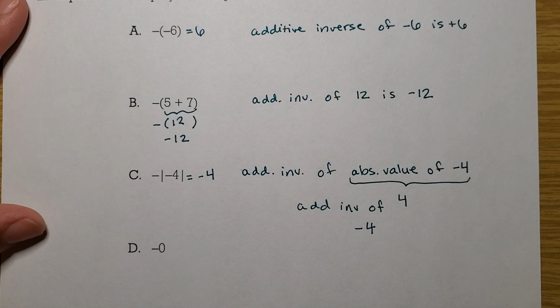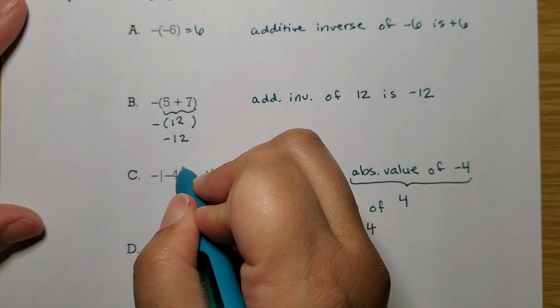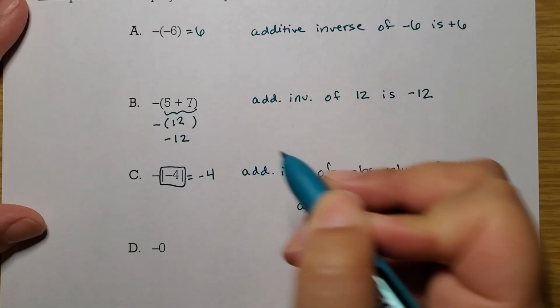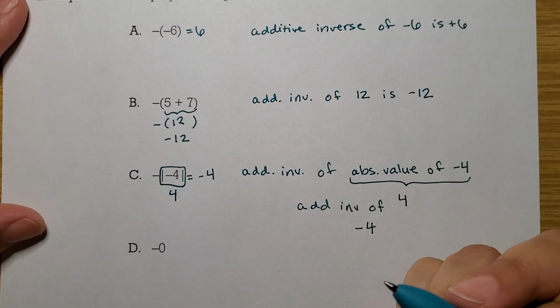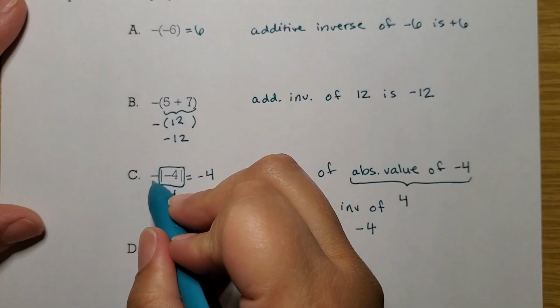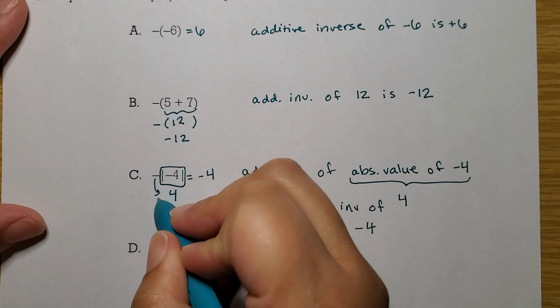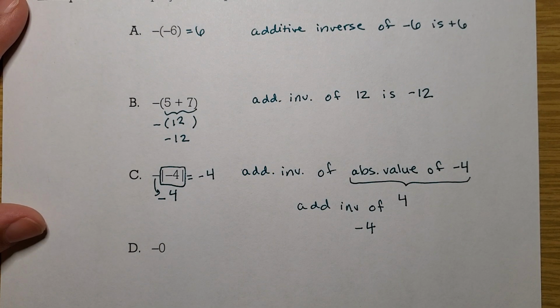Yeah, it is. When we figure out this absolute value, we get a positive number. But then we have to bring this additive inverse sign down, and the final answer ends up being a negative. So you want to be very careful when you're simplifying these expressions to follow the correct order of operations.